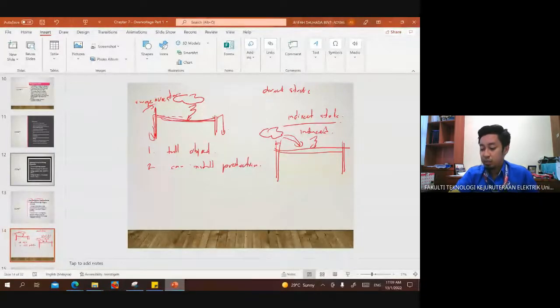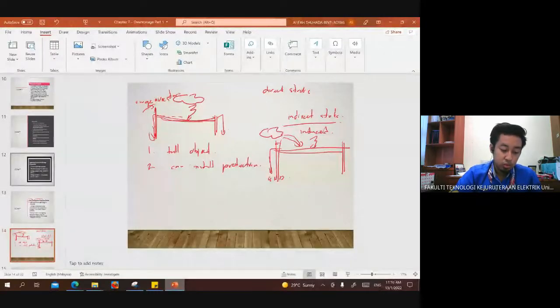The keyword of indirect stroke is the voltage from the lightning induced to our line, and the operation of the traveling wave is still the same as the direct stroke. It will go to the ground.